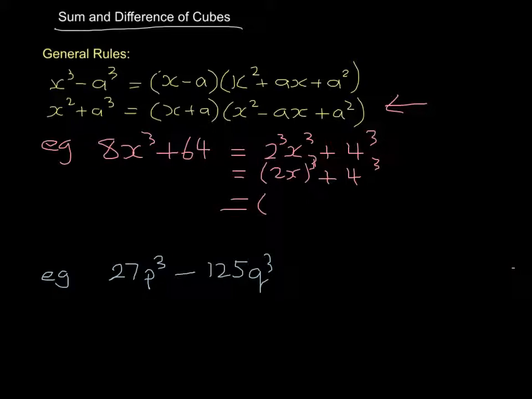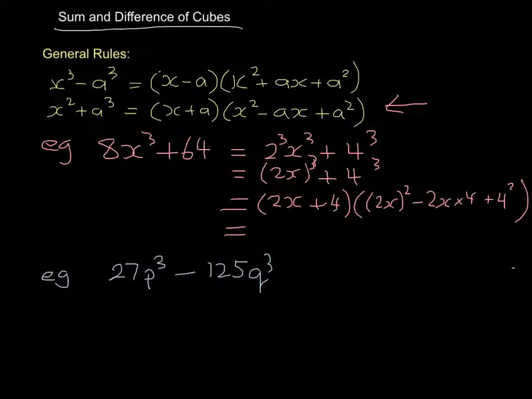So this will be equal to x plus a from the general rule, so that will be 2x, which is from the first bit, plus 4, and then the second bracket will be (2x)^2, take away 2x times by 4, and then it's going to be plus 4 squared. And I'll just rewrite this as simplified, this second bracket there, so that'll be equal to (2x + 4).